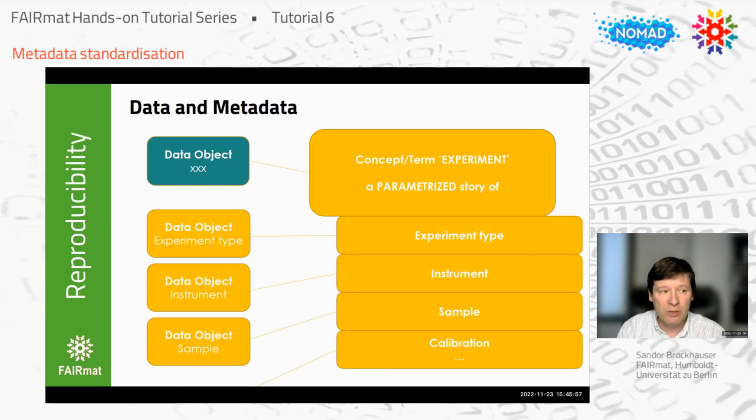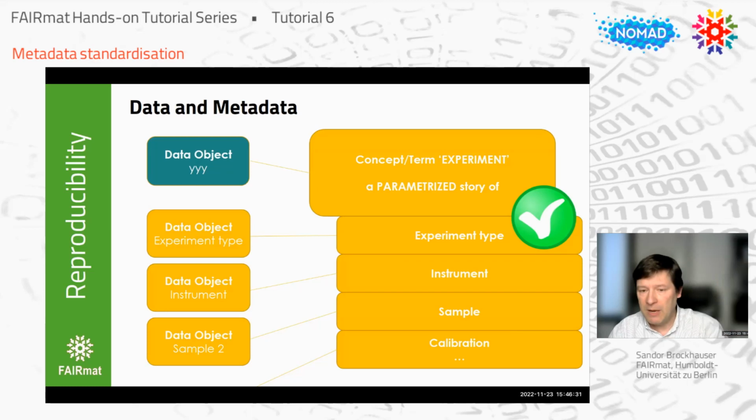And now if I do a new experiment, the only thing that will change is that I have a different observable data object y, that's what I'm measuring right now. And metadata is changing accordingly, like the sample has been changed. But I still have the whole structure of my concepts and meta concepts, and I can use this concept afterwards when I want to interpret the data. Knowing this concept, I can already start writing my applications, even without having the data and the metadata objects.